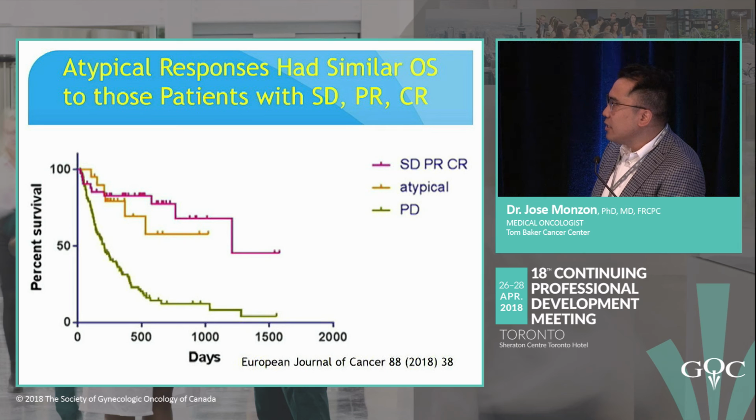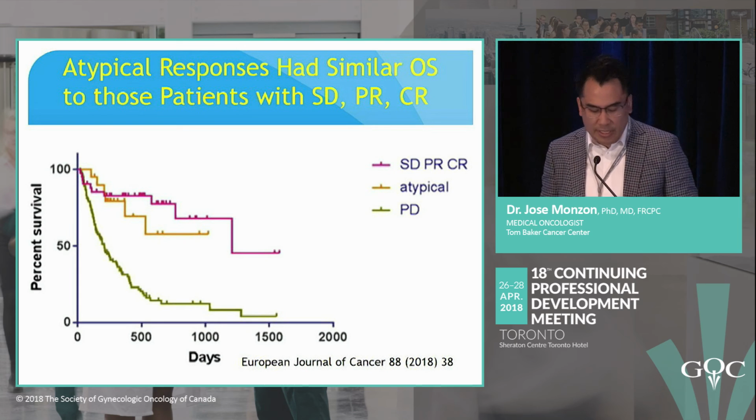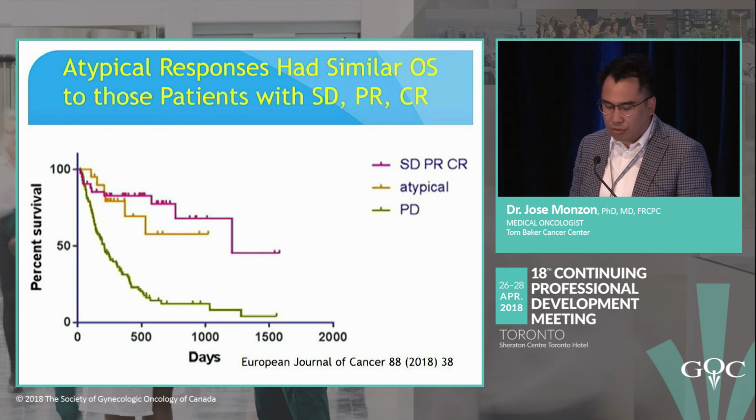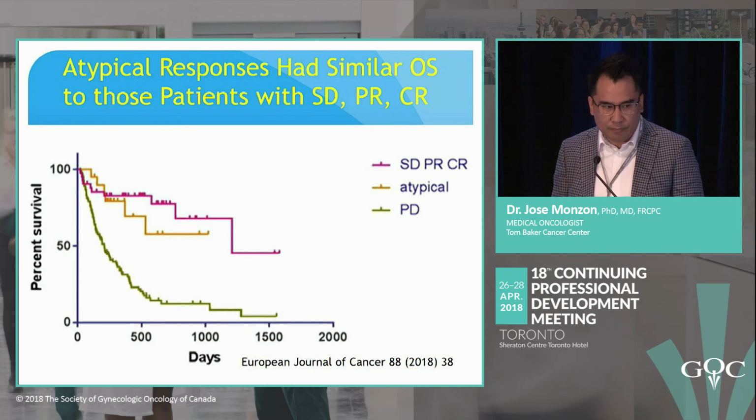When they lumped in these atypical responses, their survival was very similar to those patients that had classical stable disease, partial responses or complete responses. And their survival was definitely superior to those that had progressive disease as per classical criteria. This was published in the European Journal of Cancer in 2018.